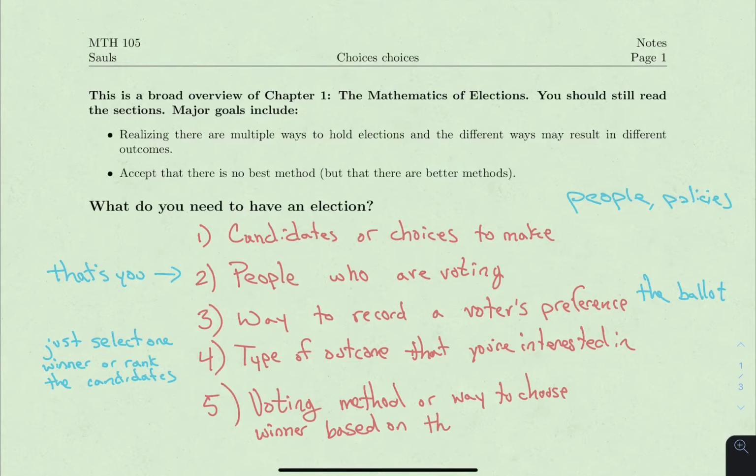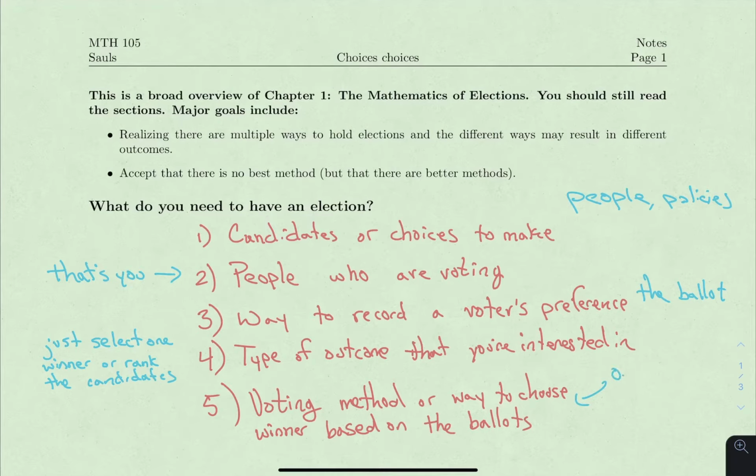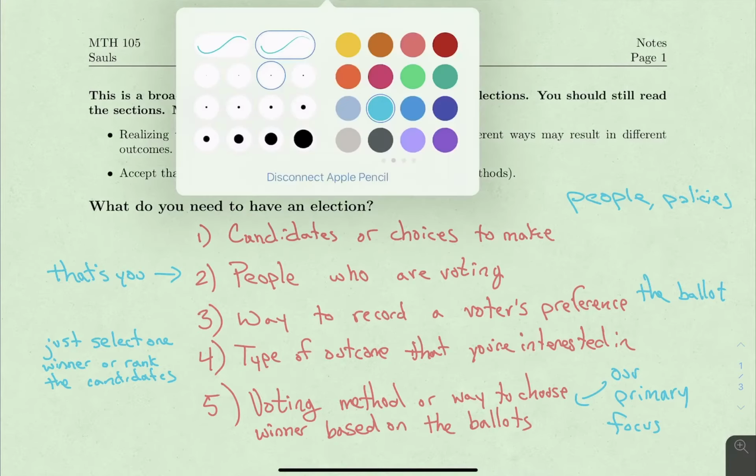Like how to count the ballots, really. And this is what we're going to focus on the most. This will be our primary focus: how there are different ways to count up the votes on a bunch of ballots.